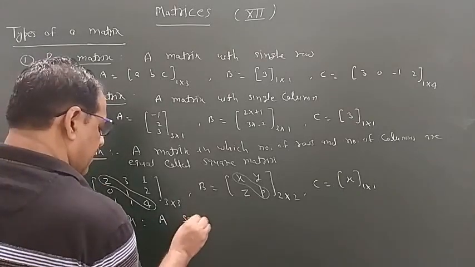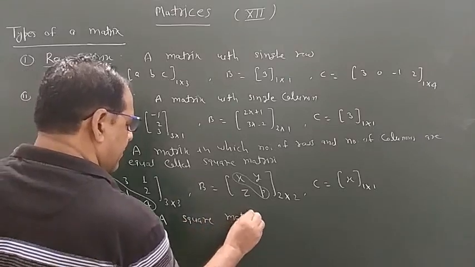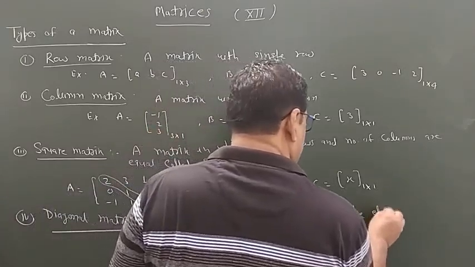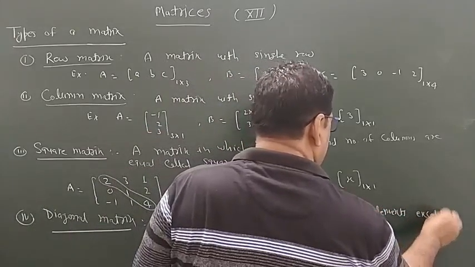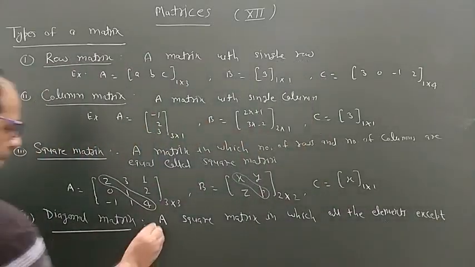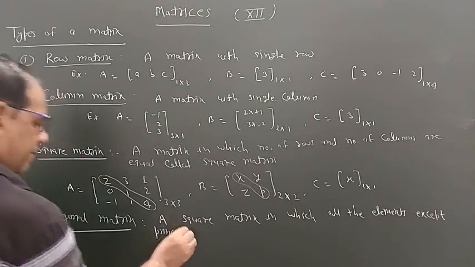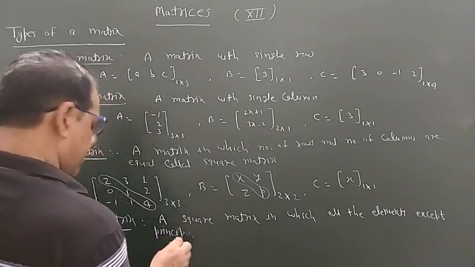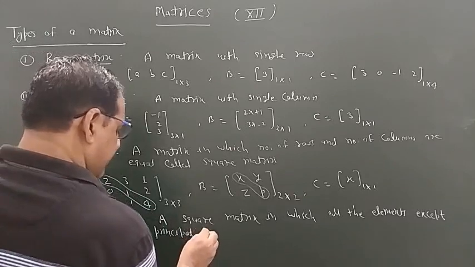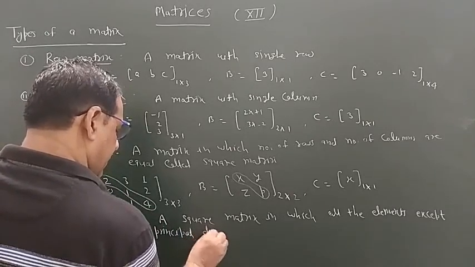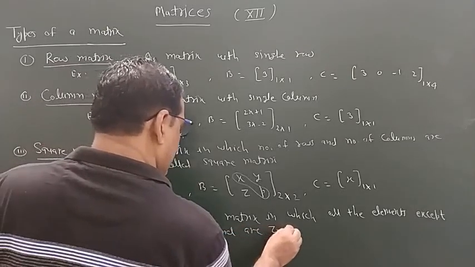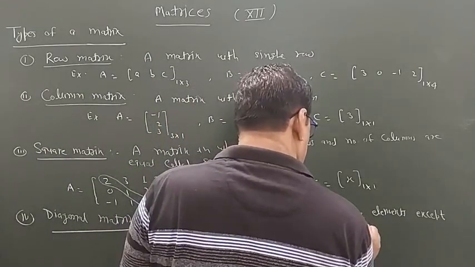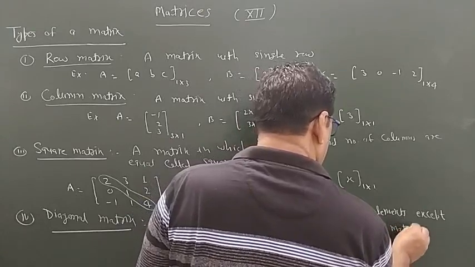A square matrix in which all the elements except the principal diagonal are 0 is called a diagonal matrix.